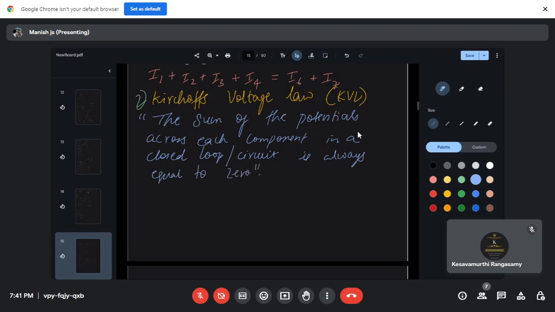It tells you that the sum of the potentials across each component in a closed loop or a closed circuit is equal to 0.